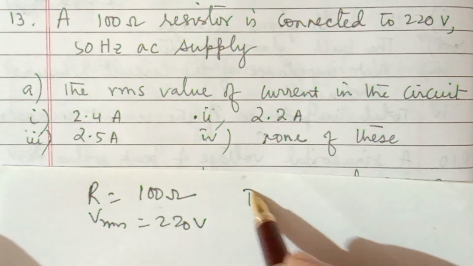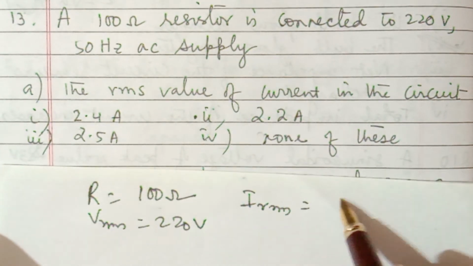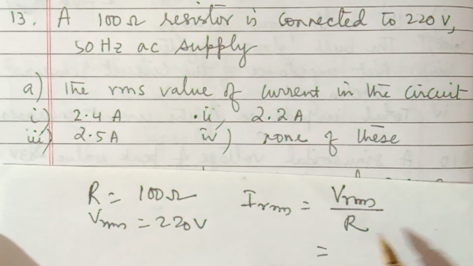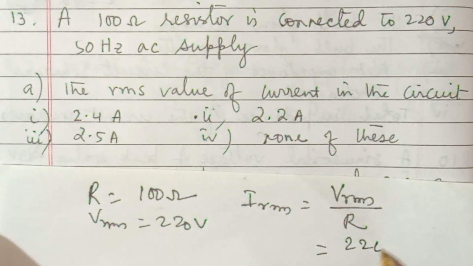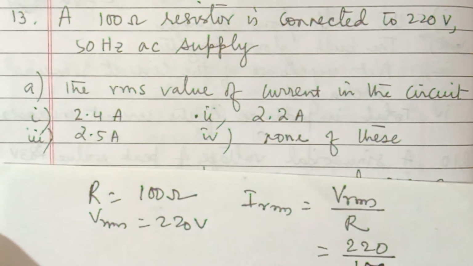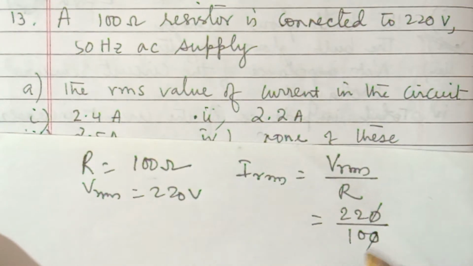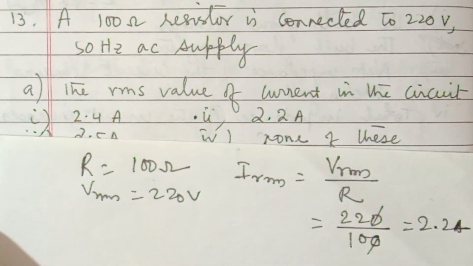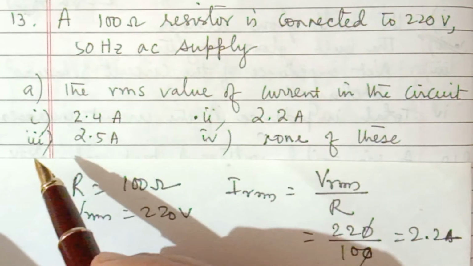Then what is IRMS? VRMS by R. So this is 220 divided by 100. Then you get 2.2 ampere.